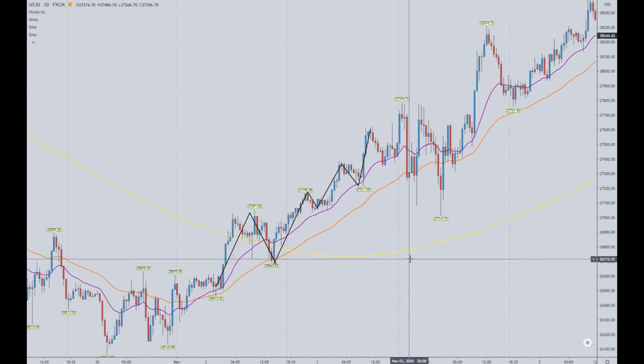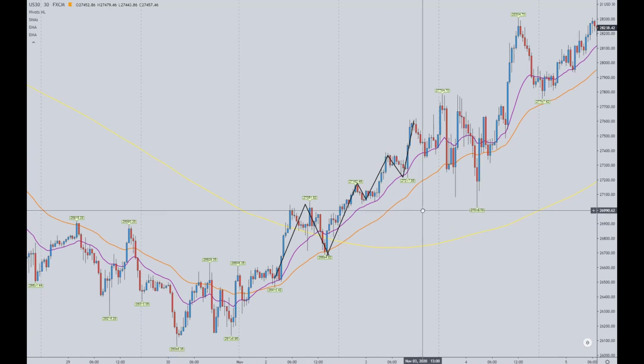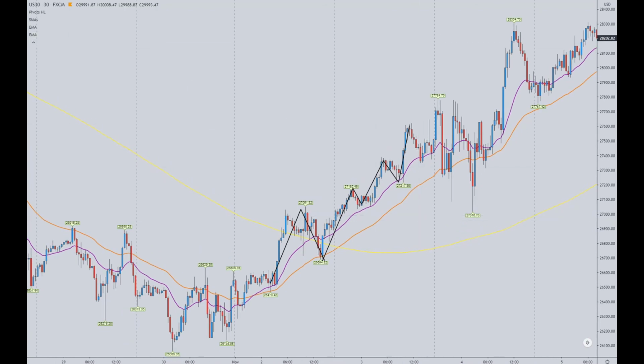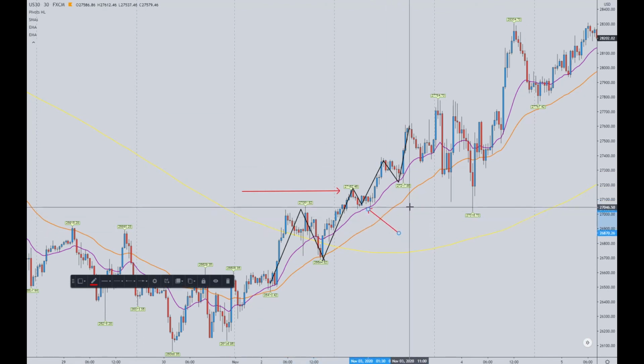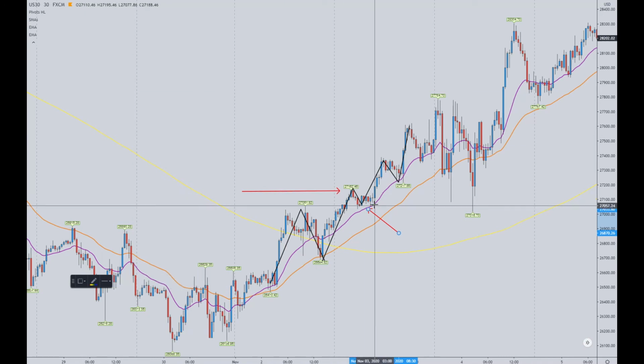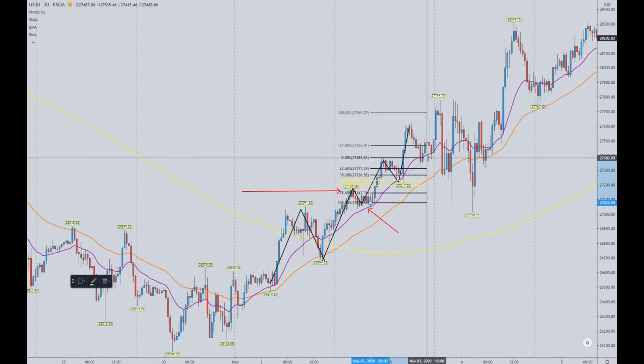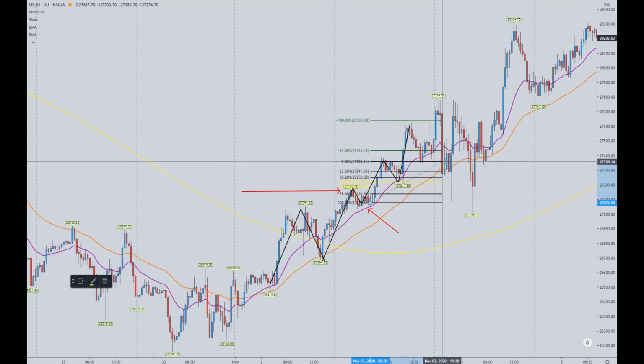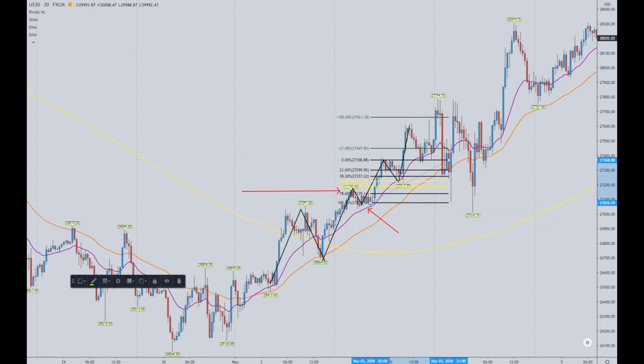What I'm doing is looking for a 38.2% retracement, because that is my strong trend retracement. After it makes this new high and pulls back to create this low, I'm going to draw my fibs to see if I can catch this 38.2% retracement. And that's exactly where it goes.